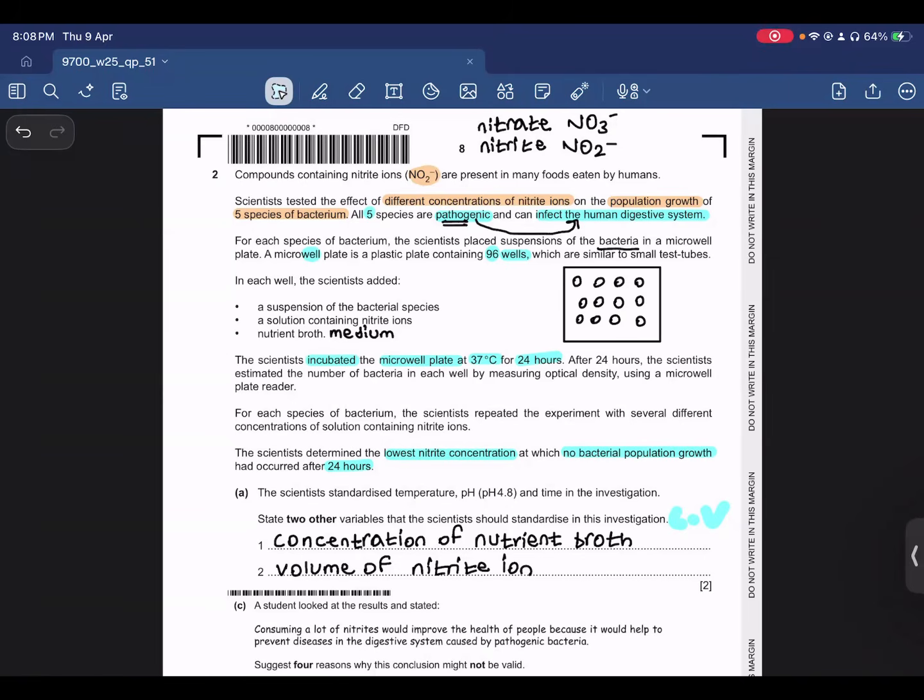The pH, I think it's different. So like the pH is like different in the body. It's not like 4.8.